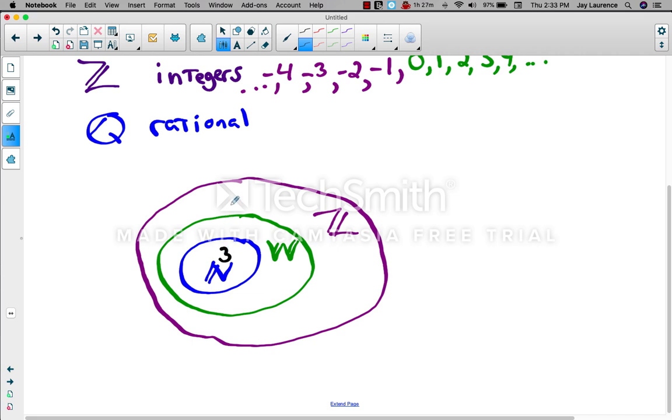It's a natural number, but it's also a whole number. It's inside the green circle because the blue circle is completely inside the green circle. It's also an integer. So you see 3 is a natural number, a whole number, and an integer. All right, then we get to the rational numbers. 3 is also rational.